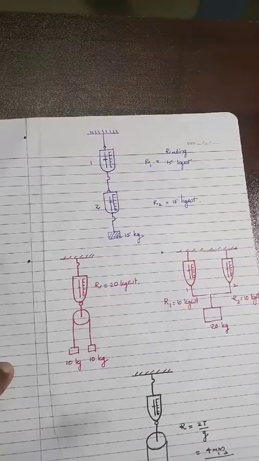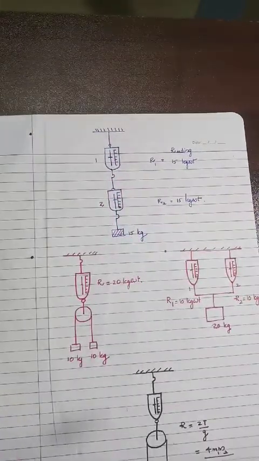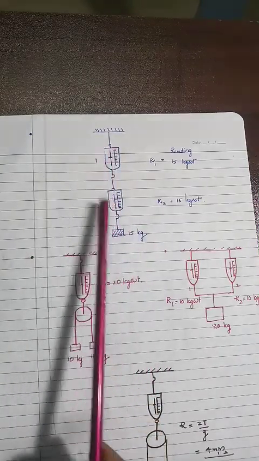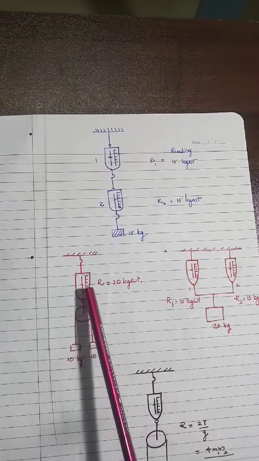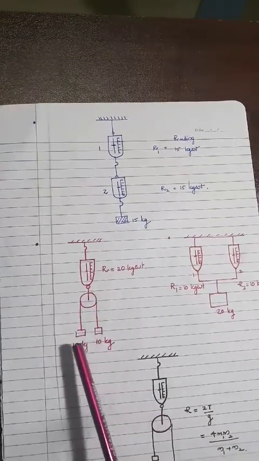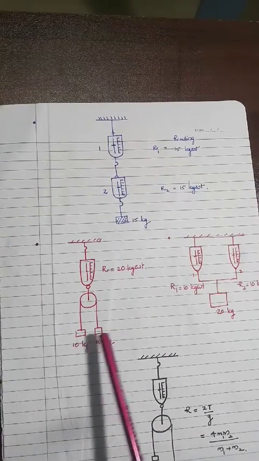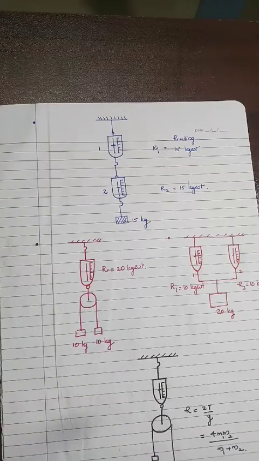Look at the next concept. Very good. Two spring balances, only one weight, but both of them read the same. But here, the two masses are there, 10 and 10, and it will give a 2T tension here, and hence the reading becomes 20 kilogram weight.